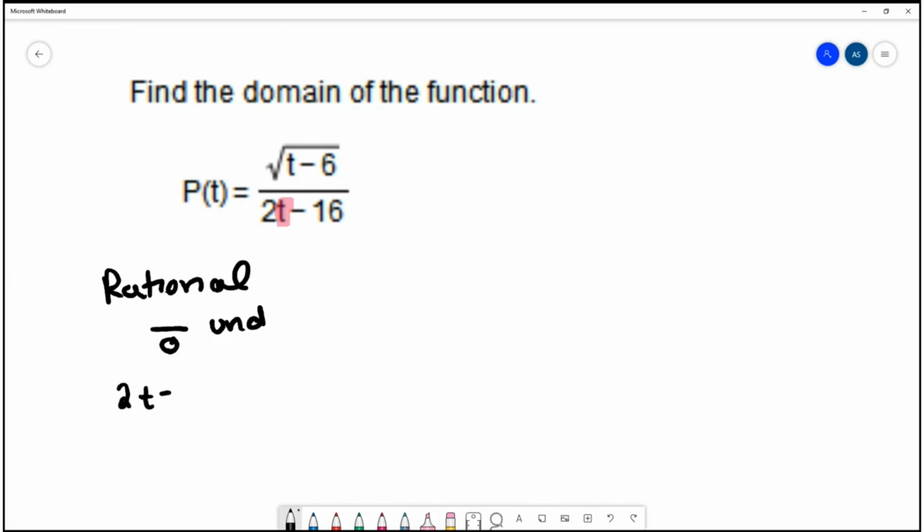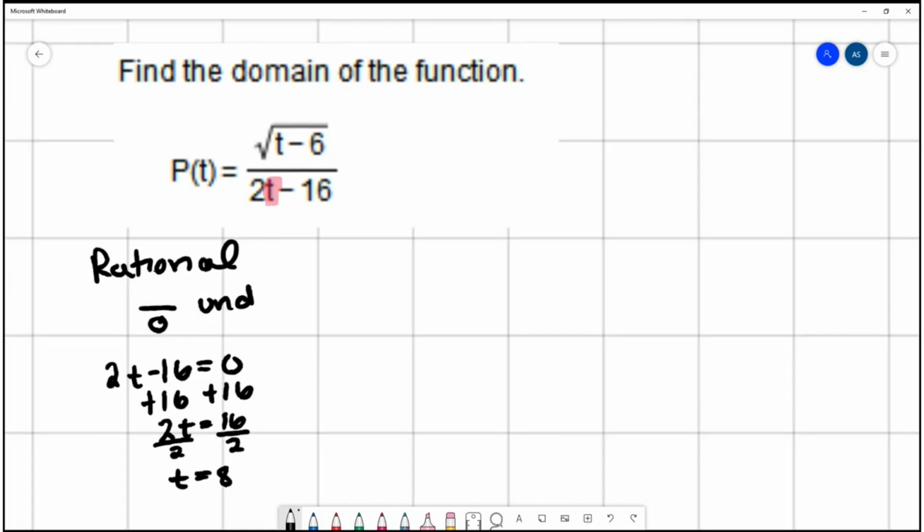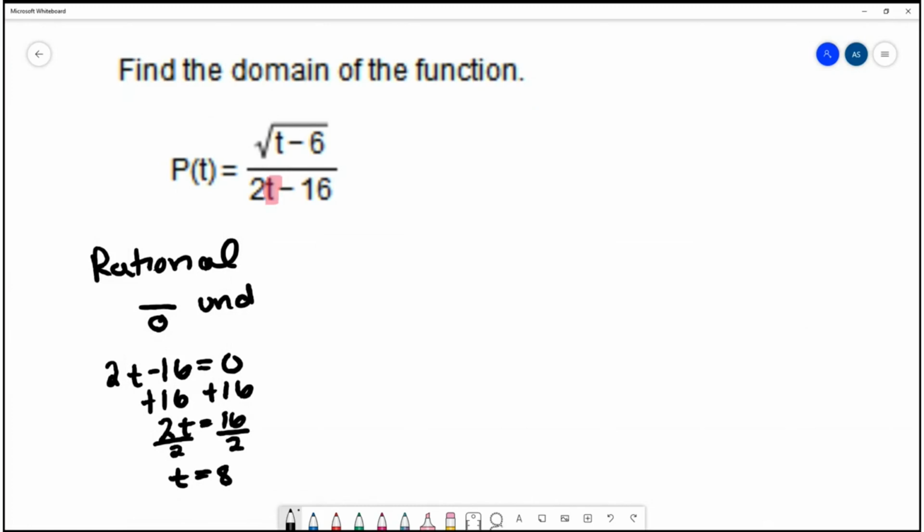So our denominator is 2t minus 16. We're going to set that equal to 0. I'll solve this equation by adding 16 to both sides. That's 2t equals 16. Divide by 2, and t equals 8. So we have to exclude the value of 8 from the domain.